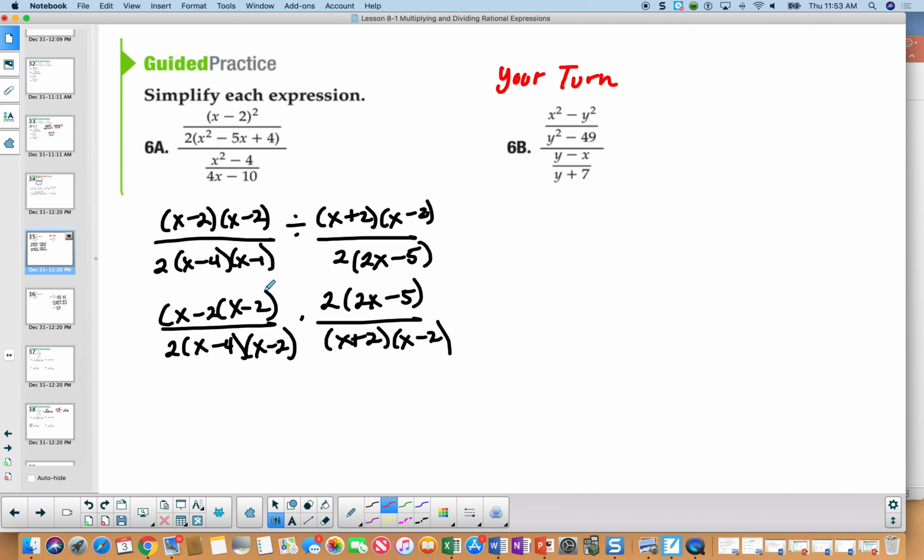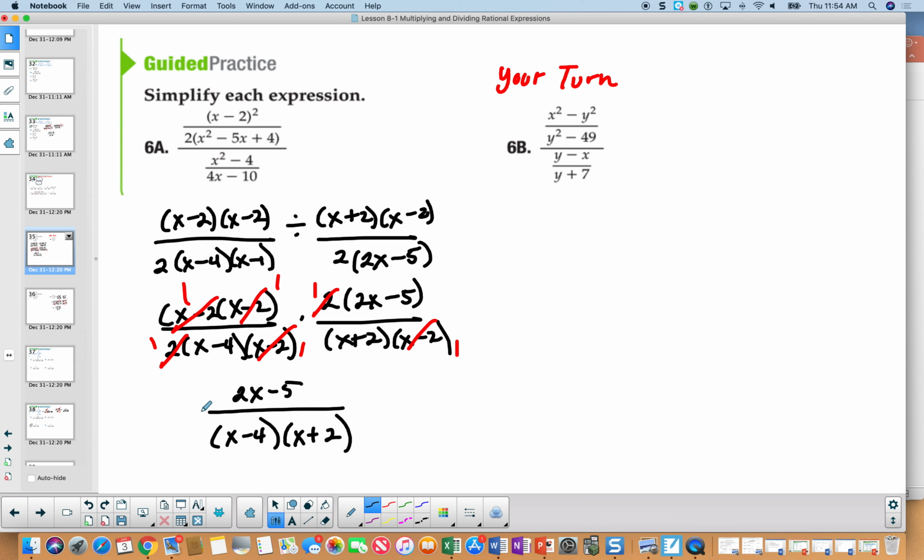Okay, let's go ahead and reduce. And one more here, and then we can reduce some 2's. And we have 2x minus 5 all over x minus 4 times x plus 2.